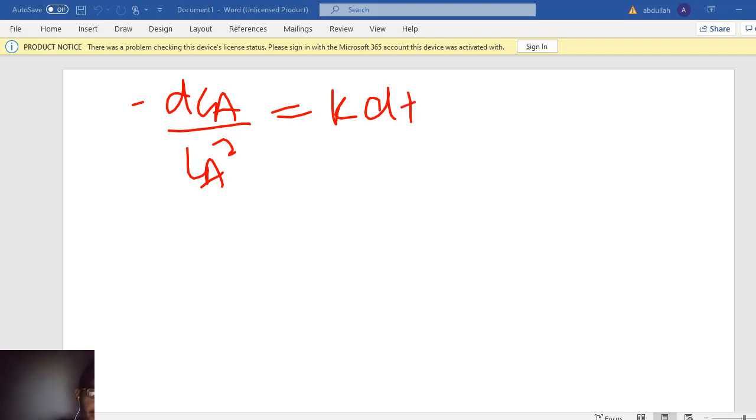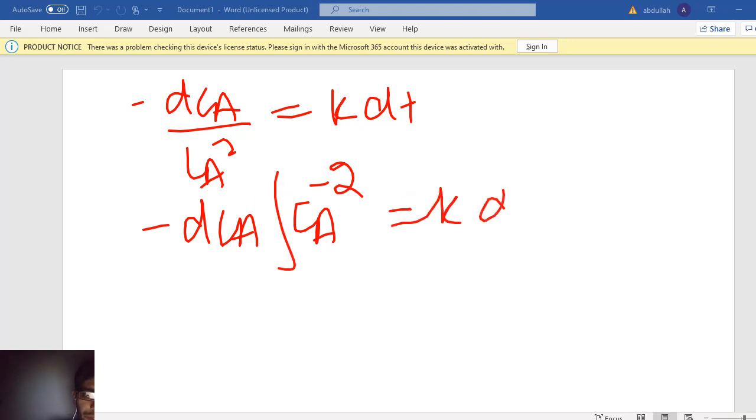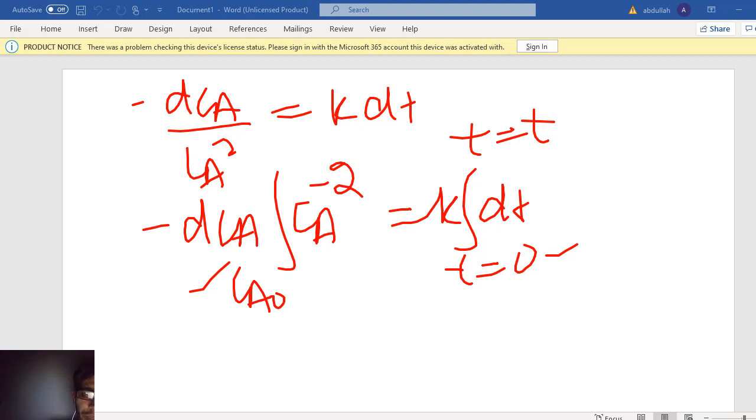It can also be written as Ca to the power minus 2 dCa, and we take the integral from time t is equal to 0, where the concentration is Ca naught, to a certain time t, where the concentration will be Ca.